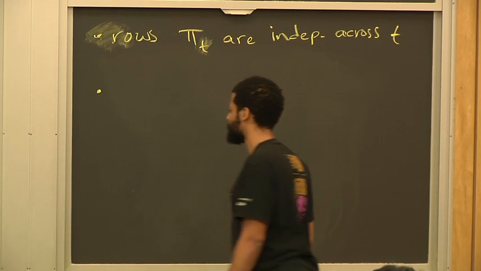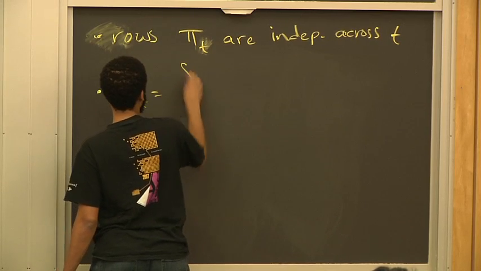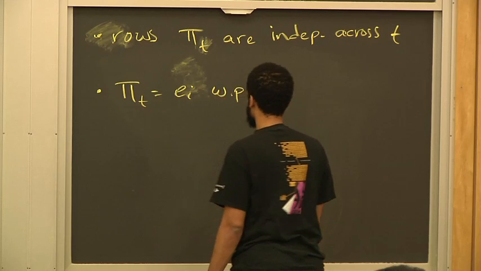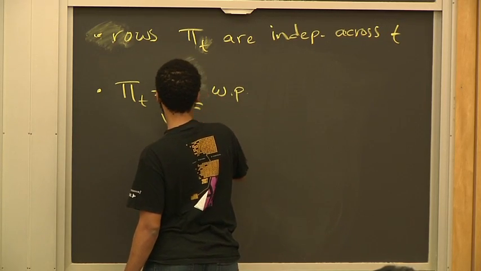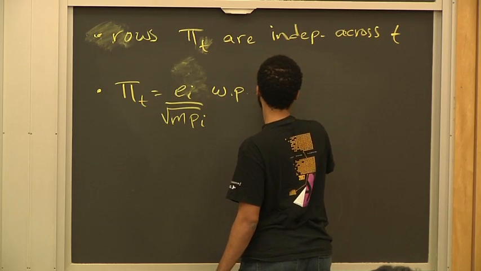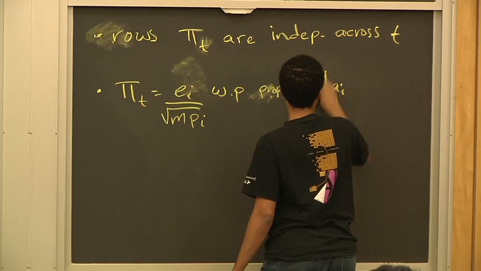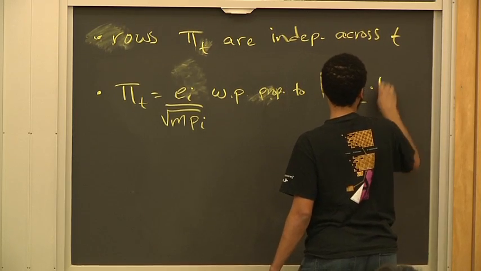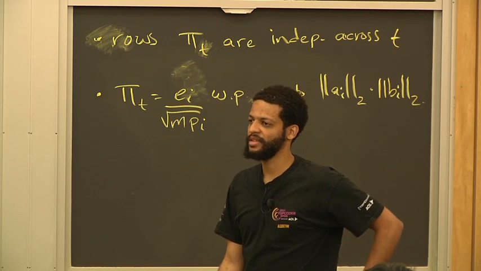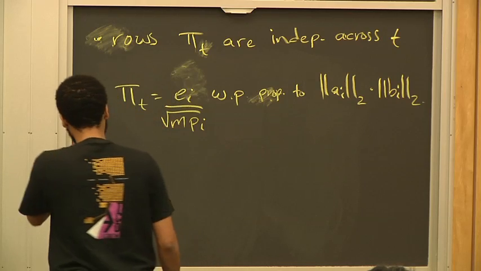And pi t is equal to e_i over square root of m p_i, with probability p_i, where p_i is proportional to the product of the L2 norms of A_i and B_i.